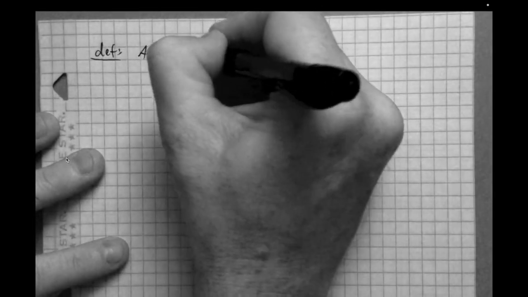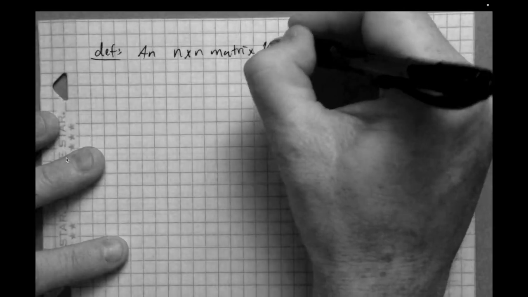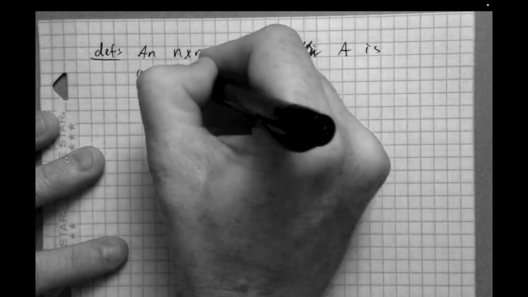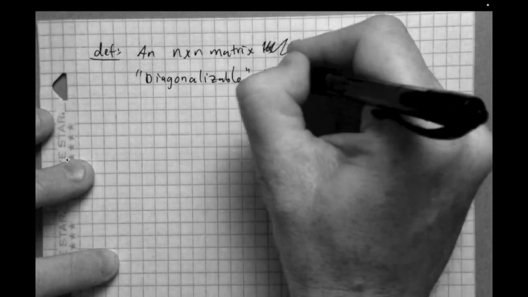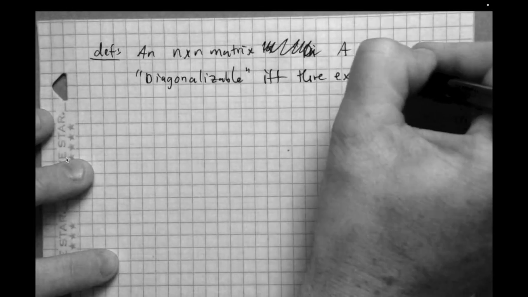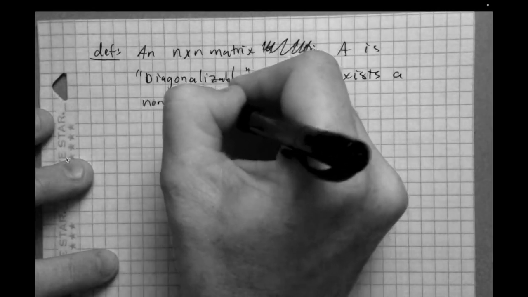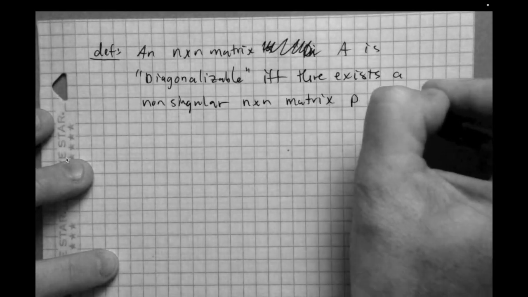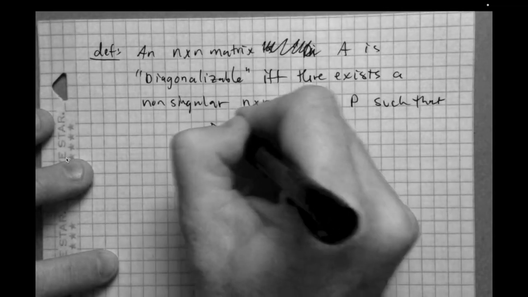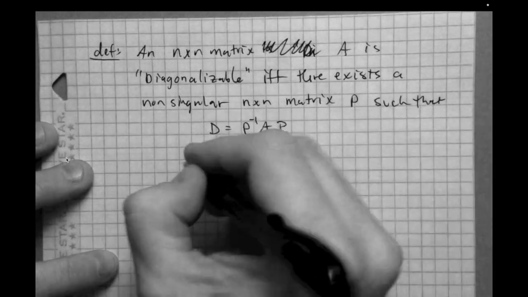An n by n matrix A is diagonalizable if and only if there exists a non-singular n by n matrix P such that D equals P inverse AP is diagonal.